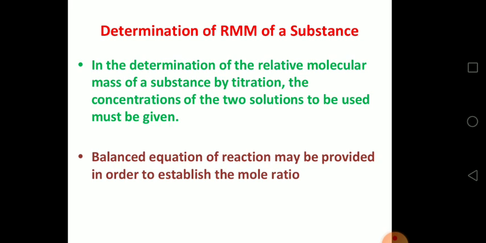In our previous lessons, we have learned how to calculate the concentration of a solution, and we have said that the concentration of a solution can be expressed in terms of the number of grams of solute which dissolve in a given solvent, and that is the mass concentration, which is usually in gram per dm cube.